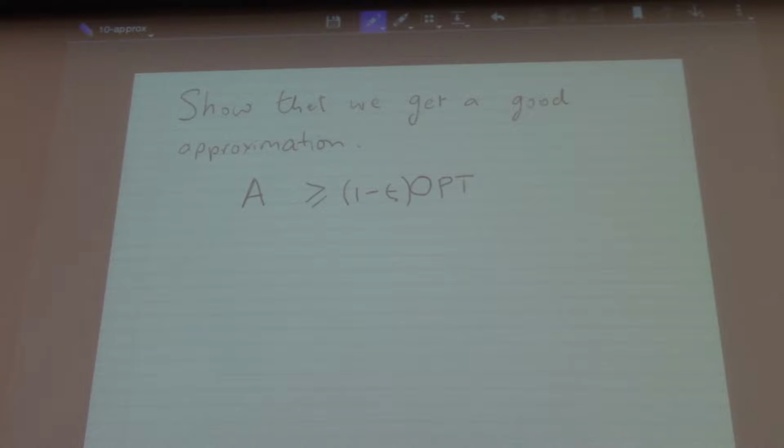So I'm just going to make sure I get them all right, because it's very dangerous to do inequalities live without checking. So what we're going to say is this. So remember what our algorithm does. It does scaling and rounding, and then it finds the exact answer. So our algorithm is optimal on the v hats. So let me write this down.